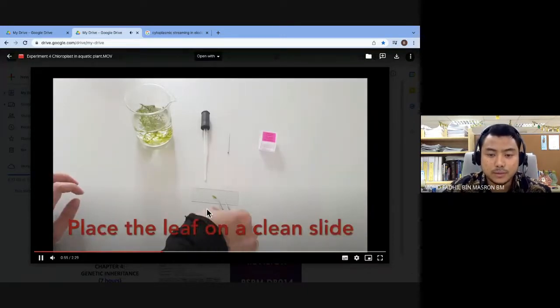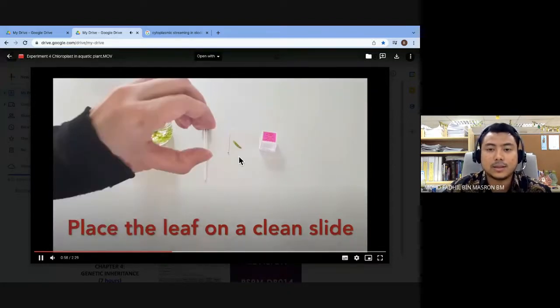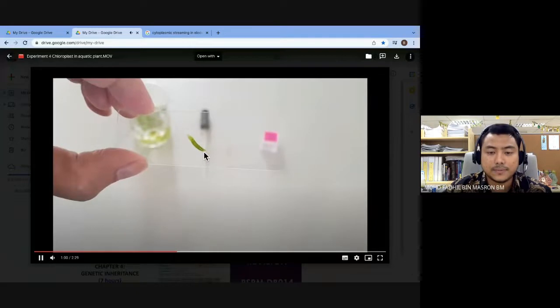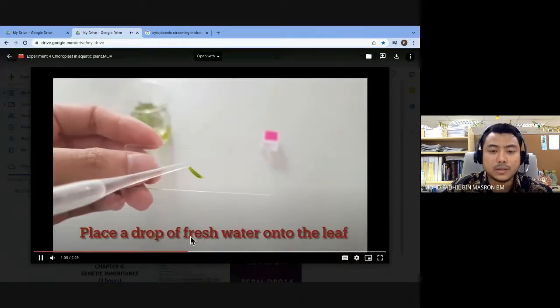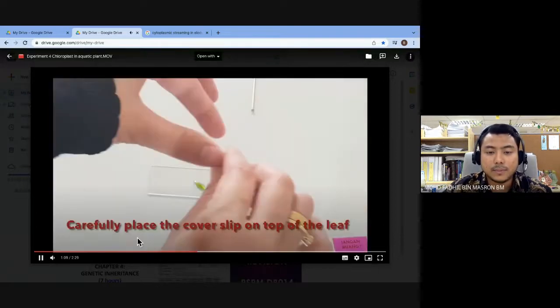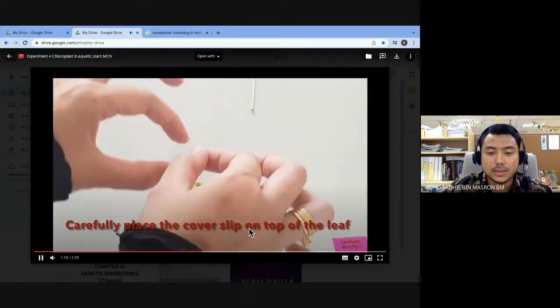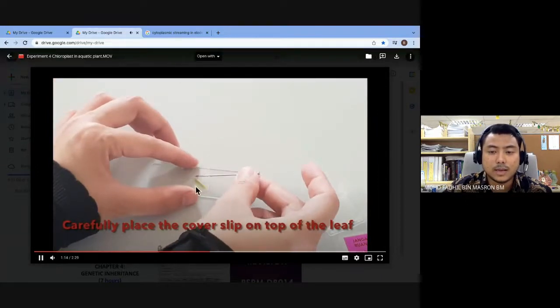Put it on the microscope slide there. There you can see. All right, there's the Elodea plants leaf. Okay, and then place a drop of fresh water, actually, or distilled water. Okay, on top of the leaf, and then carefully place the cover slip on top of the leaf using the needle to guide the microscope cover slip.